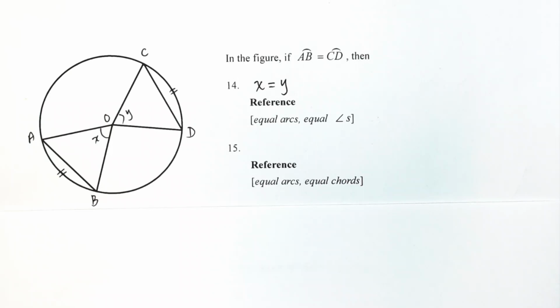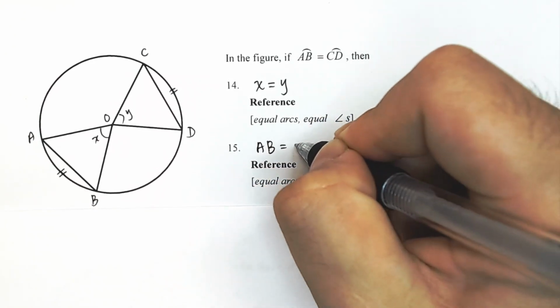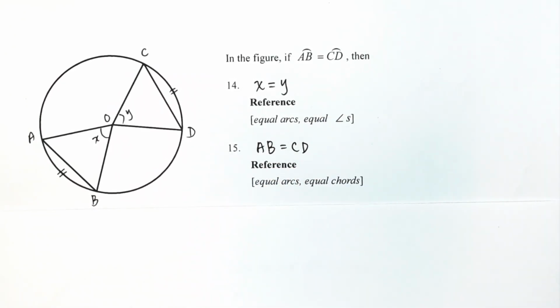And since the angles are equal, we have congruent triangles to say that AB is the same as the length CD. So if you want to have these two results based on the given arc length, you need to quote the reference: equal arcs, equal angles, or equal arcs, equal chords.